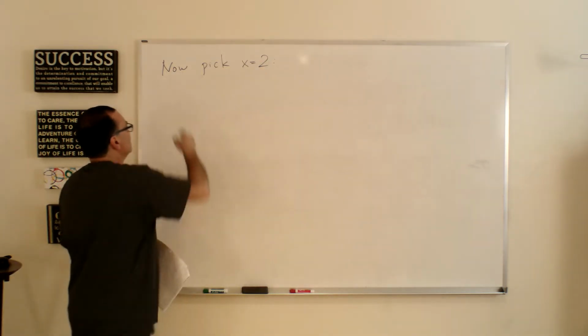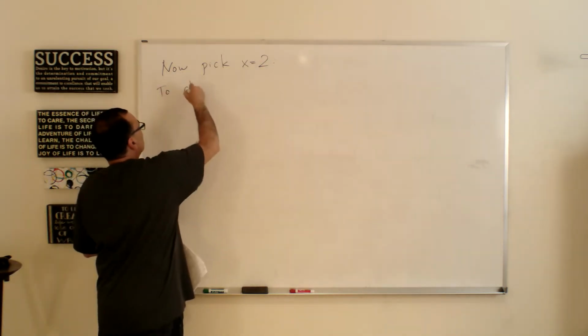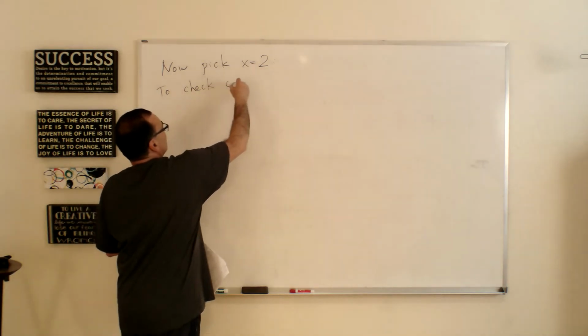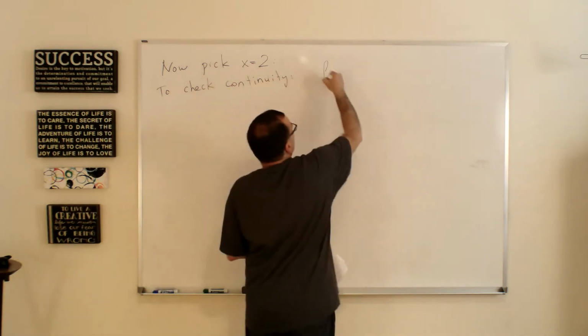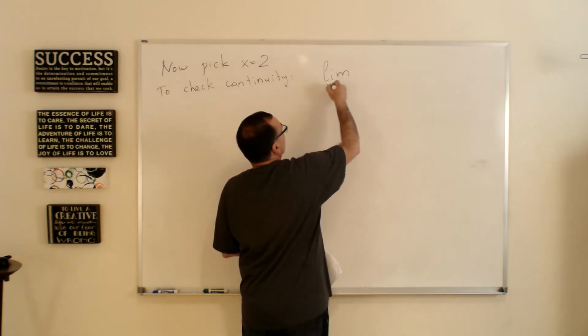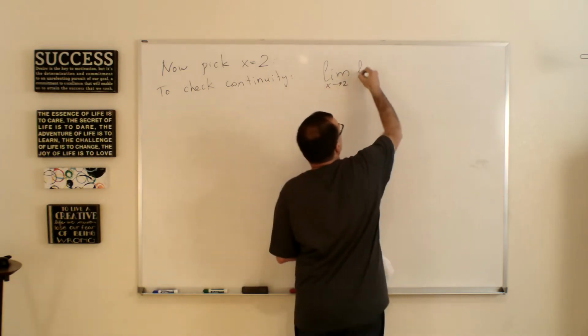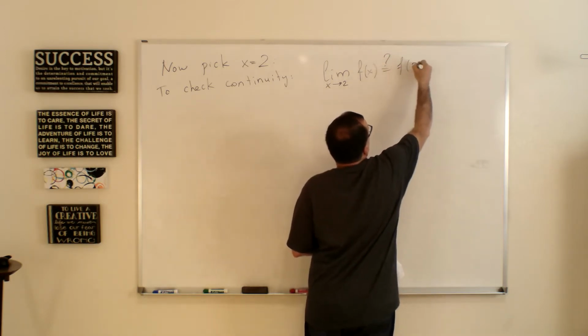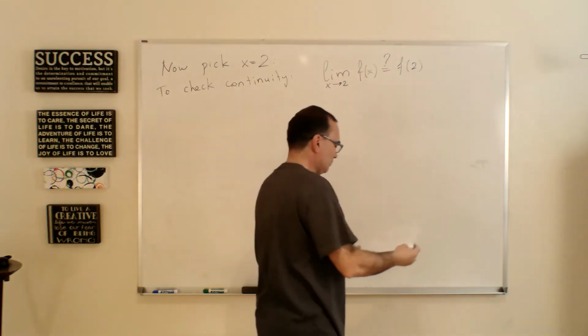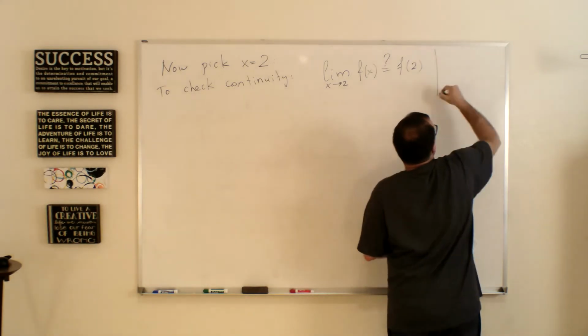Once again, to check continuity, whether the function is continuous, we need to check the limit formula, but now it's x approaches 2, f of x equals or not equal f of 2. Now I probably need to restore the function itself.